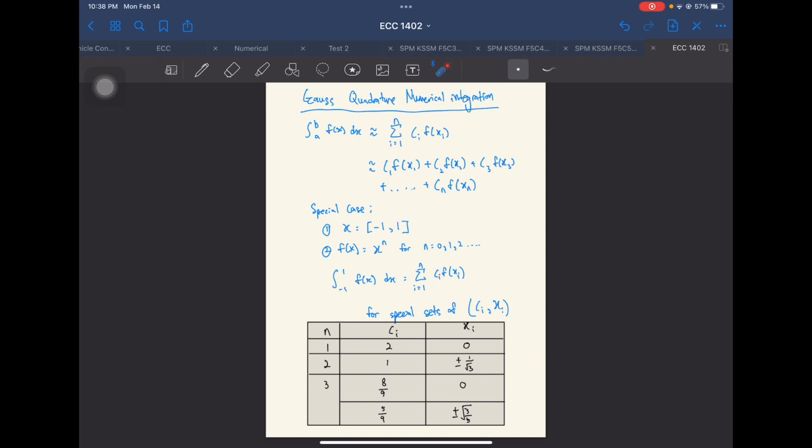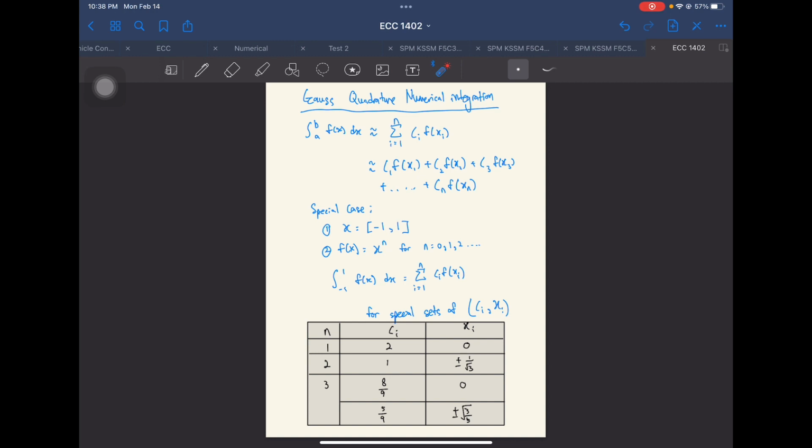So when n is 2 here, your ci and xi have two sets, which is c1, x1, c2, x2.